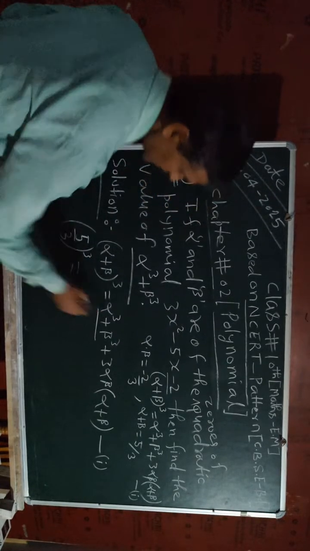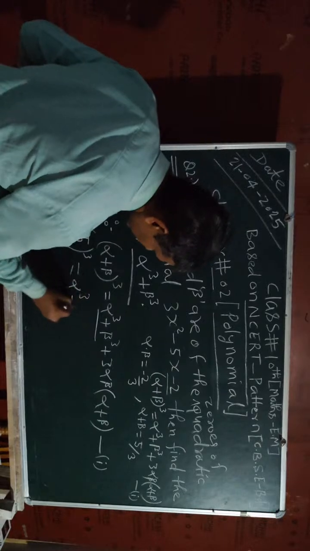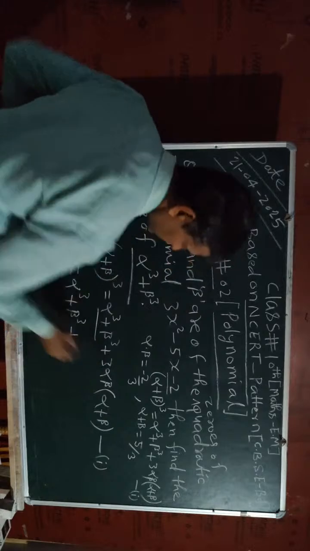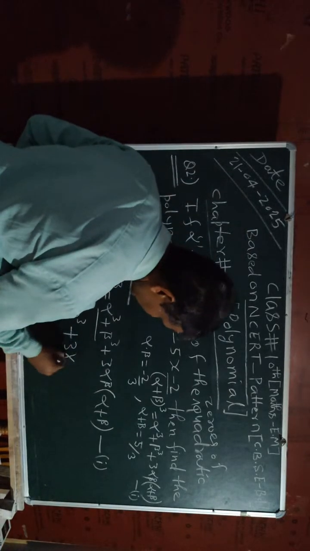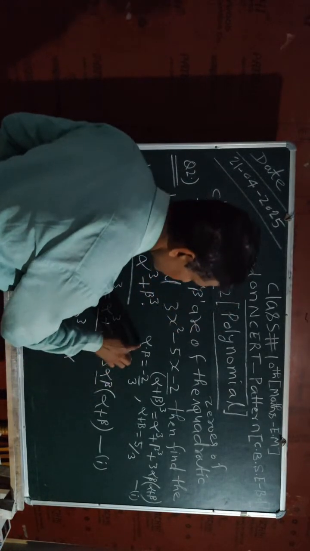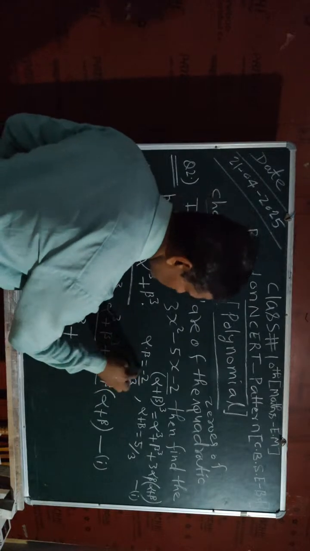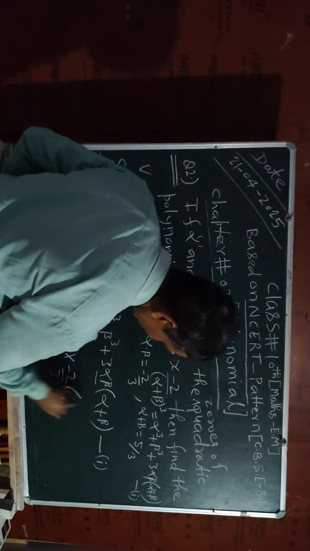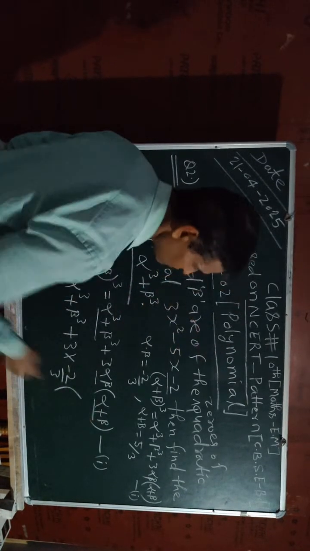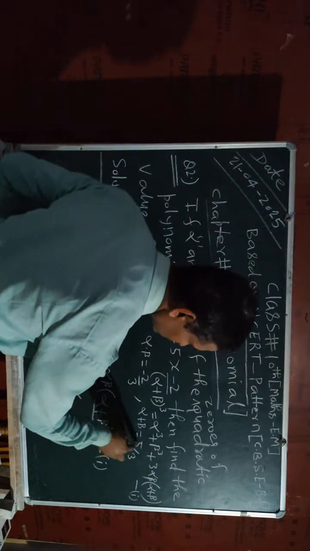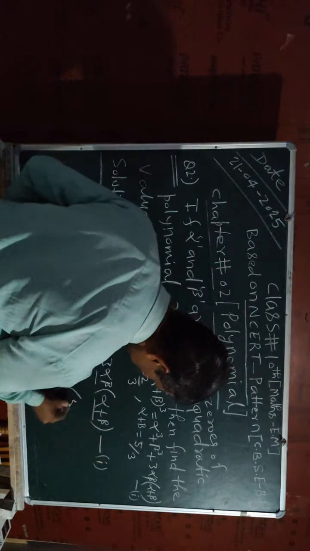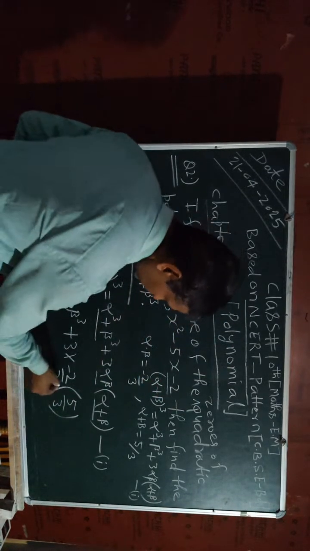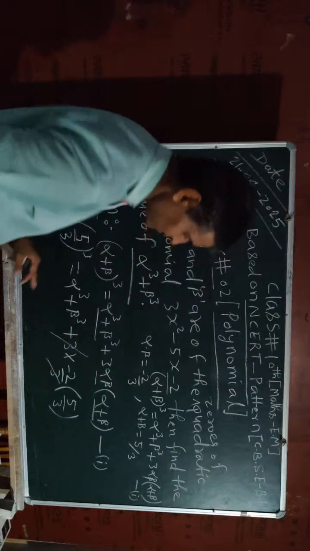Okay student, here alpha cube plus beta cube is given. Now here 3 is available. I will put here 3 in the place of alpha and beta. Alpha into beta is equal to minus 2 divided by 3, so I will write minus 2 divided by 3. Now in the bracket alpha plus beta, I will substitute the value of alpha plus beta, which is equal to 5 divided by 3. So here I will write 5 divided by 3. Okay student, so you positively see this 3 and this 3 will cancel out.